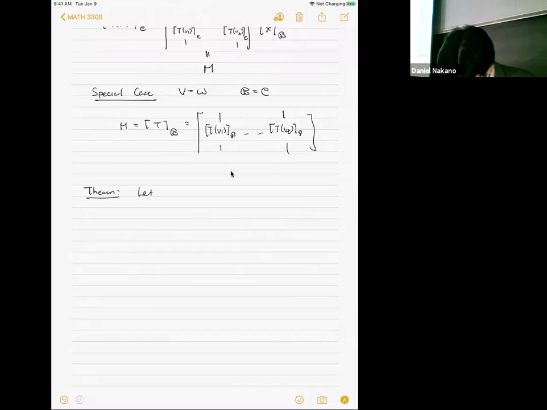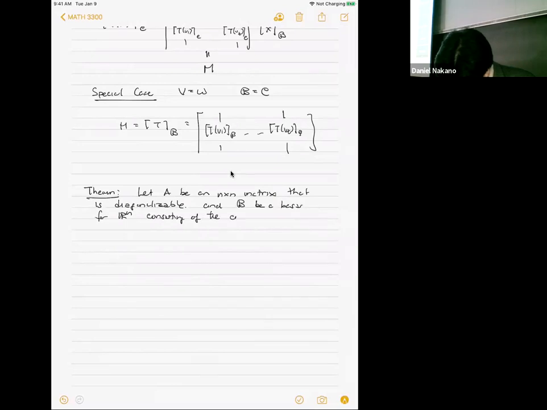So let A be an n by n matrix that is diagonalizable, and beta be a basis for Rn consisting of the columns of P, where we know that A is going to be equal to PDP inverse.